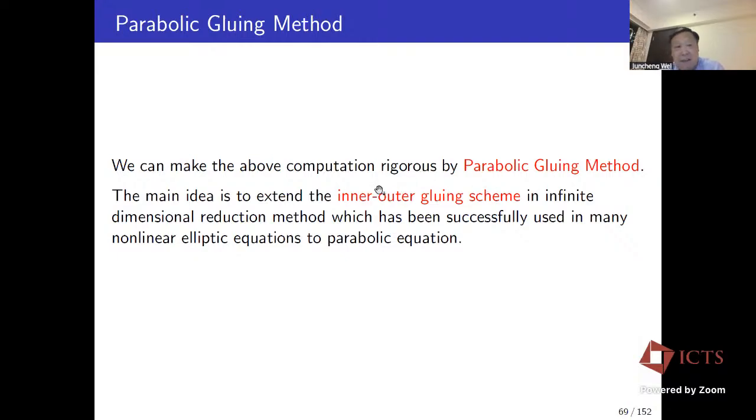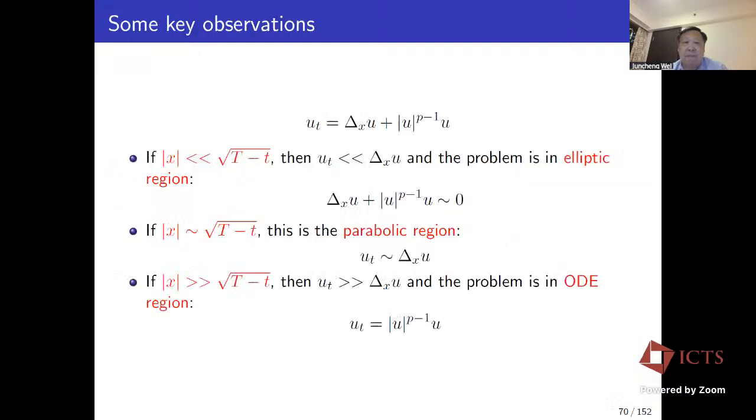So the main idea is to extend the inner-outer gluing to the parabolic equation. So what is the difference between the parabolic equation and the elliptic equation? Some key observations for the parabolic equation. We have 3 terms for parabolic: ut, Laplace u, and u to the power p.